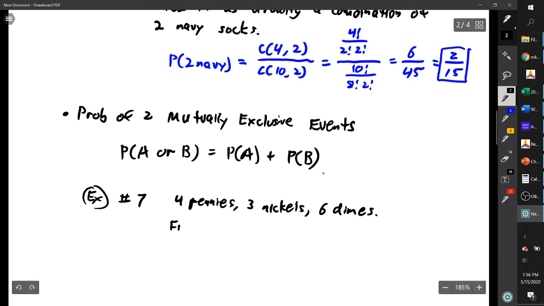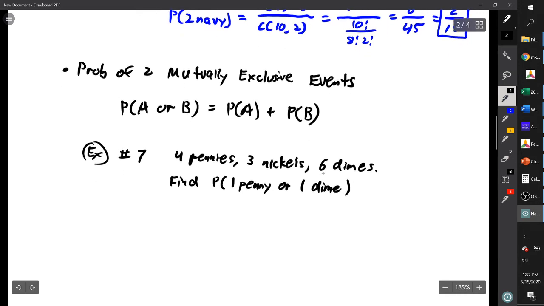And we want to find P of 1 penny or 1 dime. Well, that's just going to be the probability that you pull a penny.